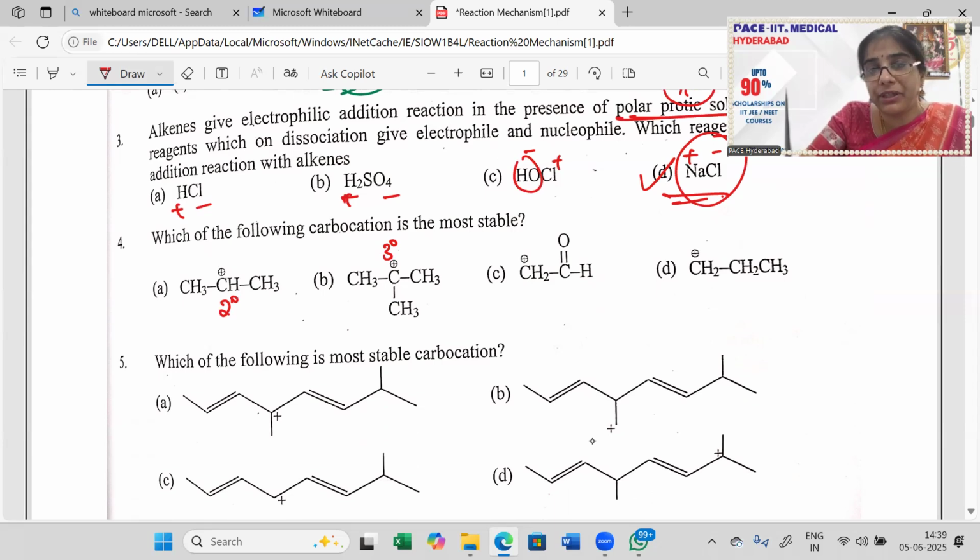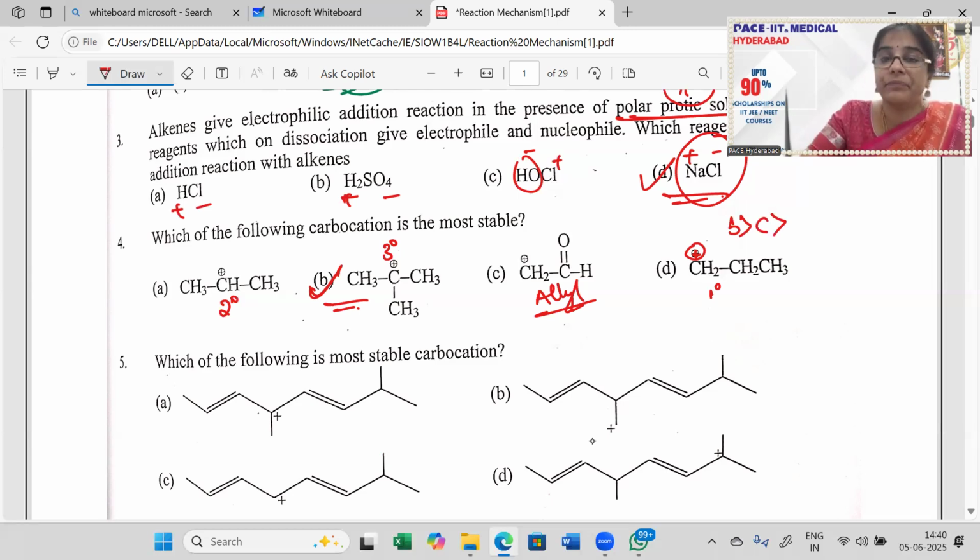Then you have this carbon attached to the double bonded carbon. This is my allyl group, so that is also one thing we have to talk about. And then we have this carbon with the positive charge, and this is 1 degree only. So 3 degree is the most stable, then benzyl, then allyl, then 2 degree, then 1 degree. So option B first, then C. We don't have benzyl here, we have allyl groups.